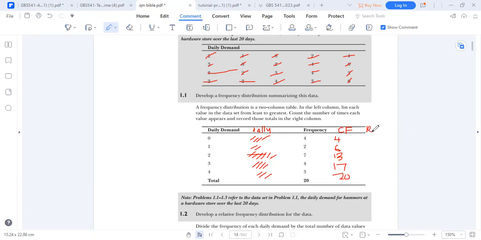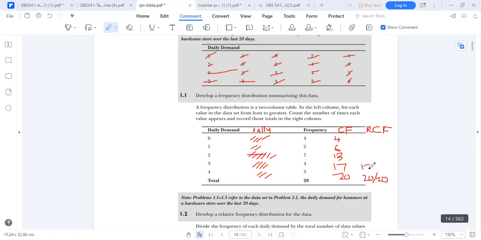In the relative cumulative frequency, you start the way we're doing. This is 4 out of 20. Don't add this column, just consider the last number you have here. If you want, you can start from below here. This is 20 out of 20, which is 1. The last number is always 1.